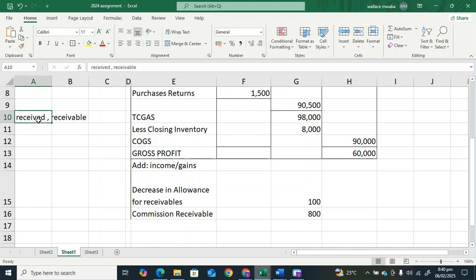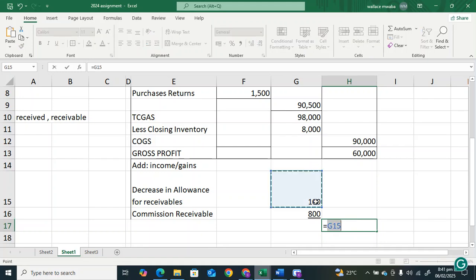When it's received, it means money exchanged hands. When it's receivable, you've done the work or whatever you needed to do, but money hasn't exchanged hands. So if you hear commission received, rent received, discount received, or rent receivable, commission receivable, then you just know you have to add them after the gross profit. If it just ends with the word received or receivable, then you know you just need to add it up.